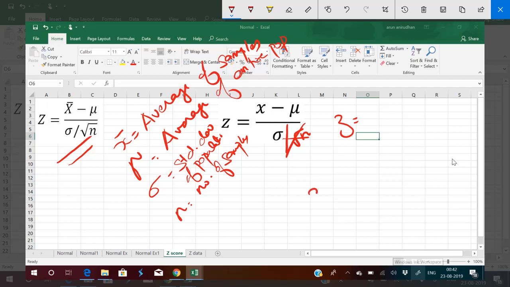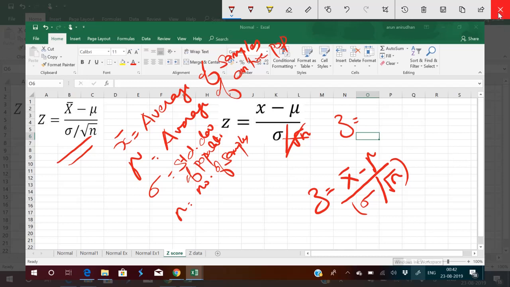Either z equal to, I'll show you an example, x bar, that is average of the sample group, minus average of the population, mu, divided by sigma, standard deviation of the population, divided by root n. Okay, so this tells you that average or data point, how far is it from the mean mu.